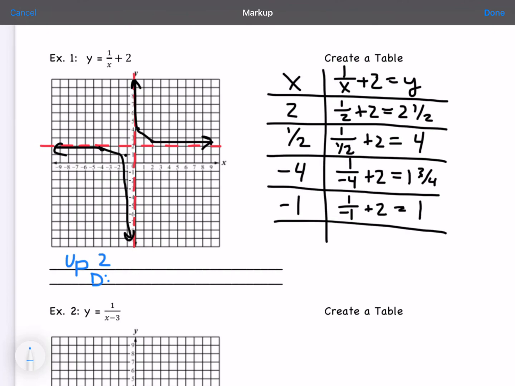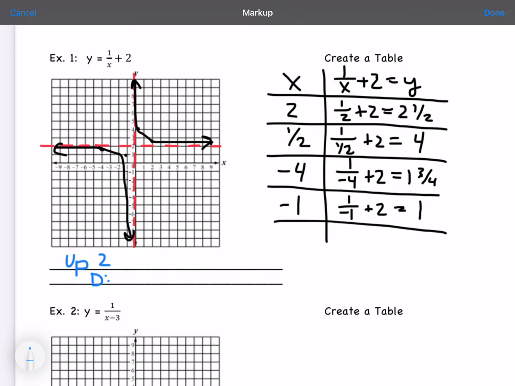Which x value would put us on an asymptote? That would be the y value. So as you look, which asymptote is up and down? Can you guys help her? Which asymptote is up and down? Where's it at? X equals what? At x equals 0 is the asymptote that's up and down.